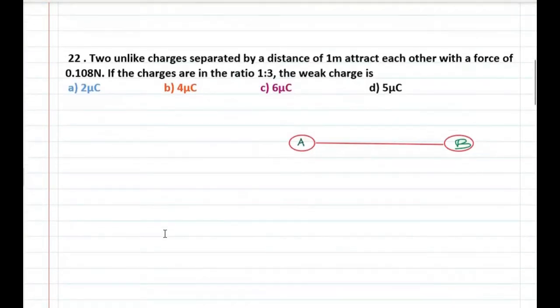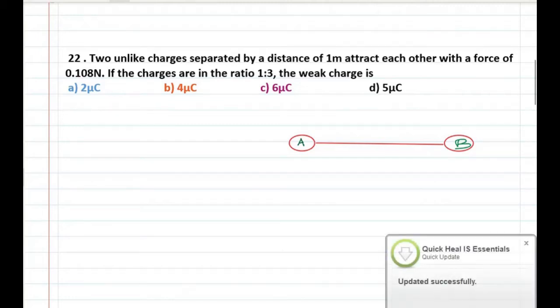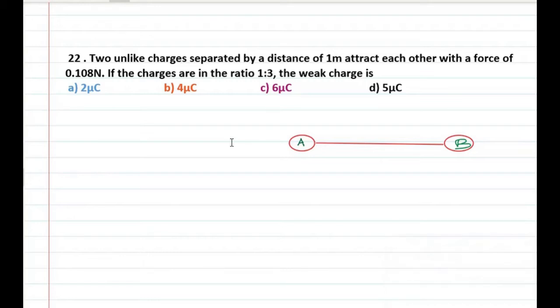Next, two unlike charges separated by a distance of 1 meter attract each other with a force of 0.108 Newton. If the charges are in the ratio of 1:3, then find the charges. Let two charges be there in the ratio of 1:3.